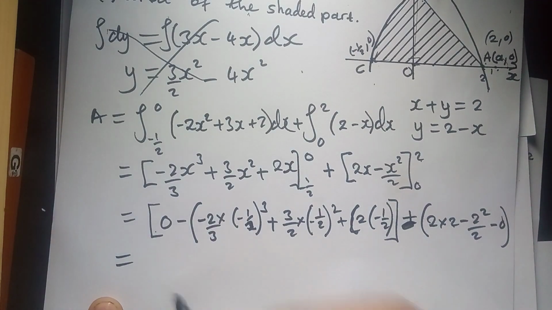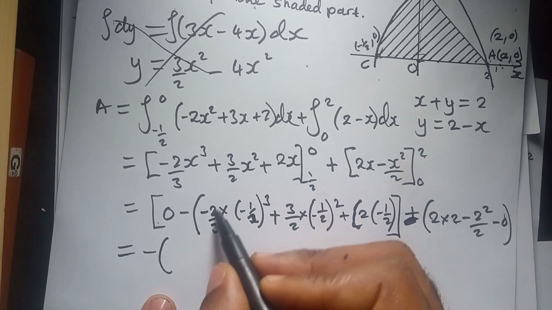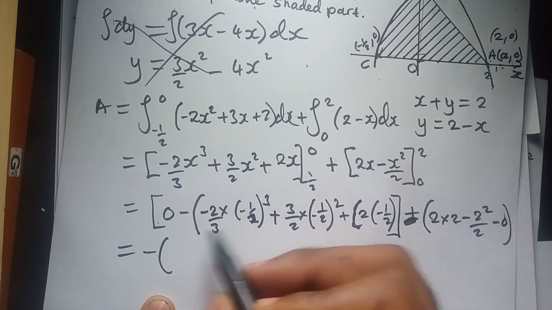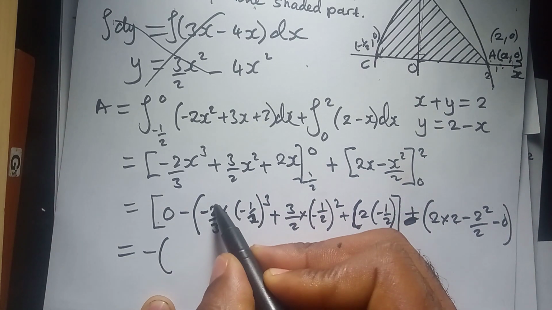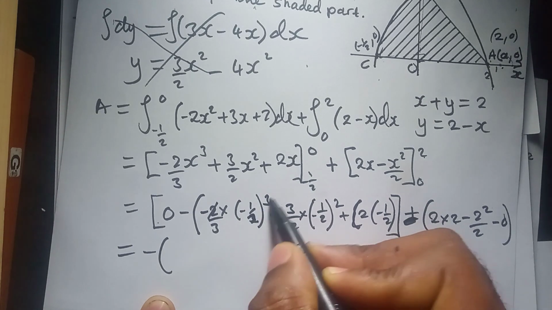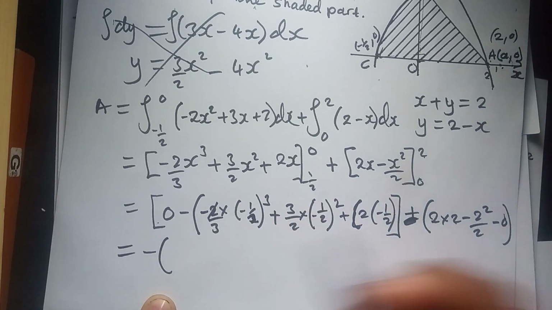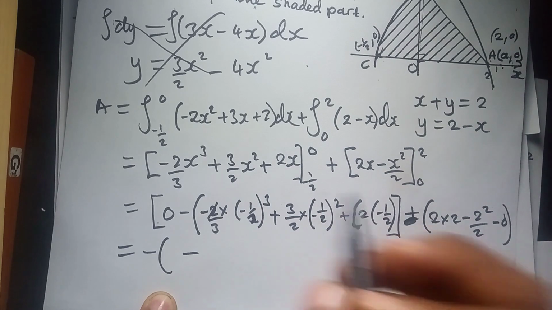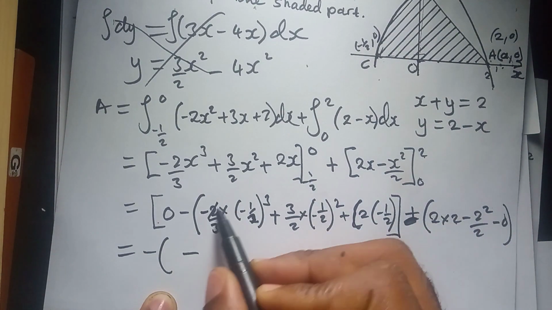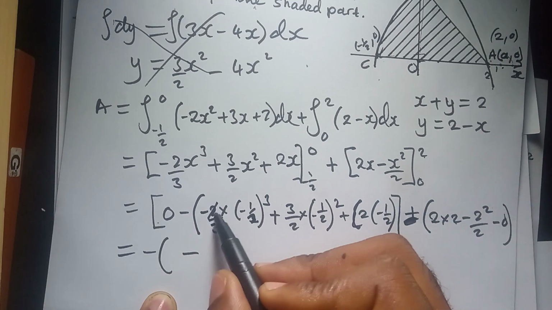So you can simplify this. This one will be negative 1 over 8. We can reduce the power there, but I don't want to mess up with the negative sign. Anyway, just work it out and you realize that this will give you negative 1 over 8. Negative and negative will be positive.